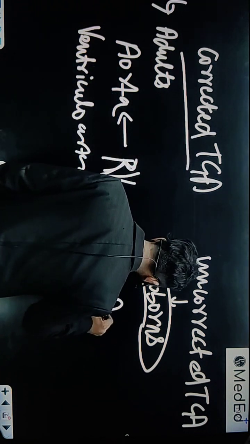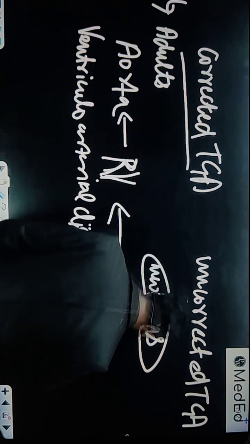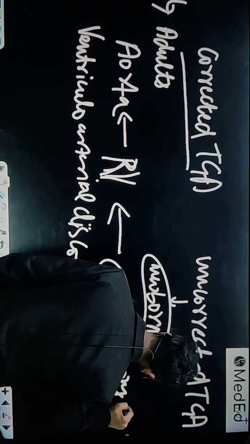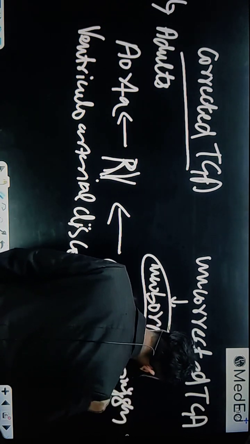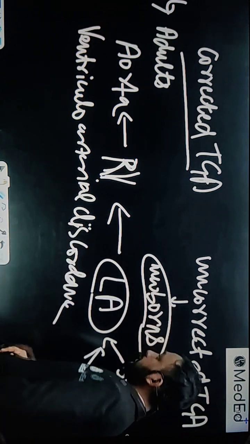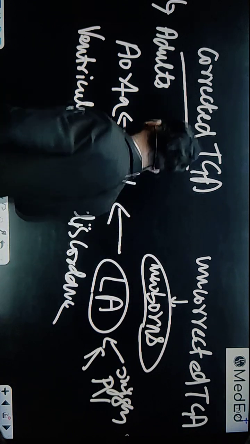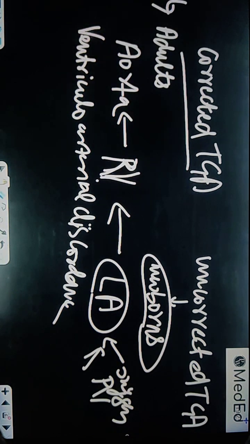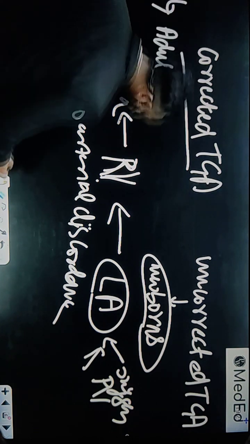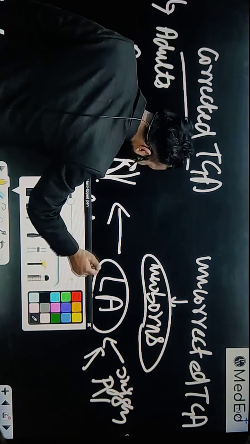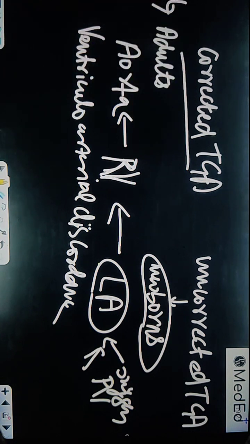Here in patients with corrected TGA, your left atrium, which is receiving oxygenated blood from the pulmonary veins, is going to open into the right ventricle. So basically in these patients the aorta arises from the right ventricle, but the right ventricle is receiving oxygenated blood from the left atrium. That is why these patients will not present at birth; these will present in the adult age group.